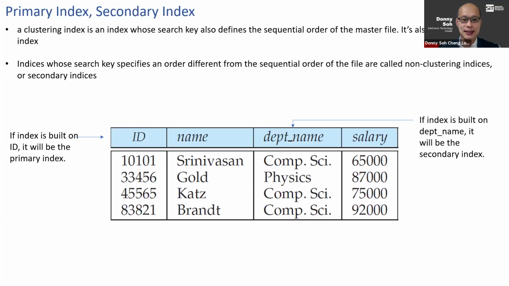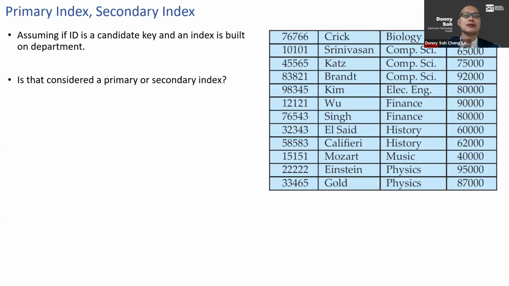Okay, let's look at this example. So this is the data. Let's say that ID is the primary key, and this is department, and you are building an index on this.